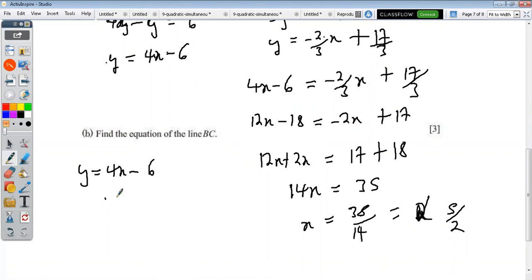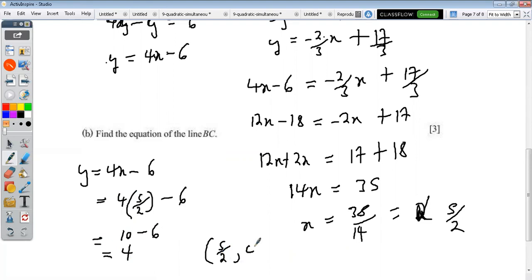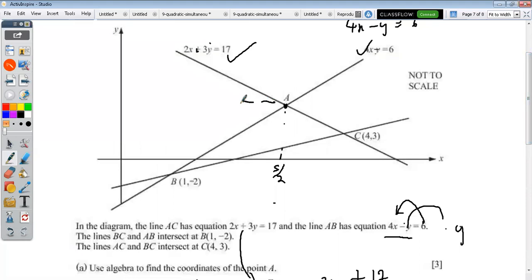So let's substitute 4 brackets 5 over 2 minus 6. 2 times 5, 10 minus 6. So it's 4. So the coordinates are 5 over 2 or 2.5, 4. That's the point. Are we together?